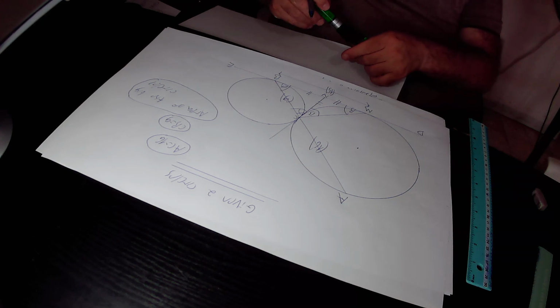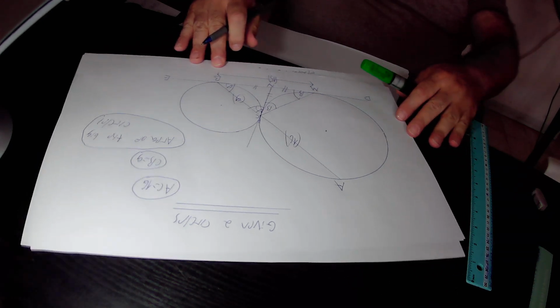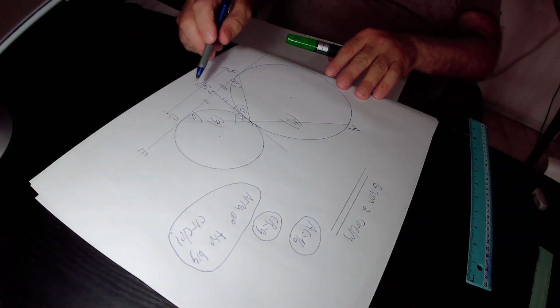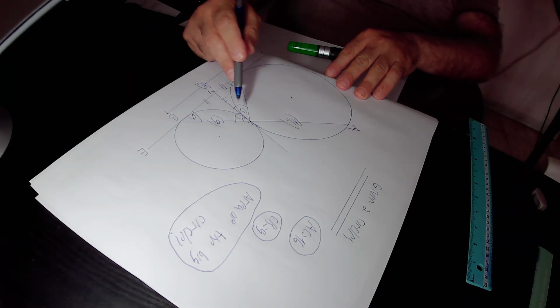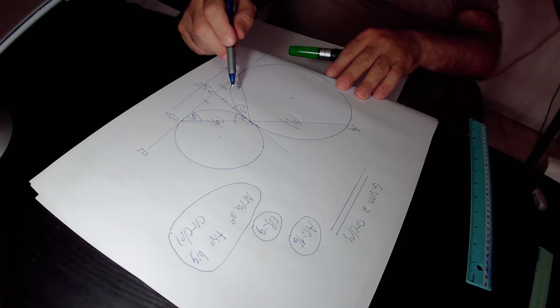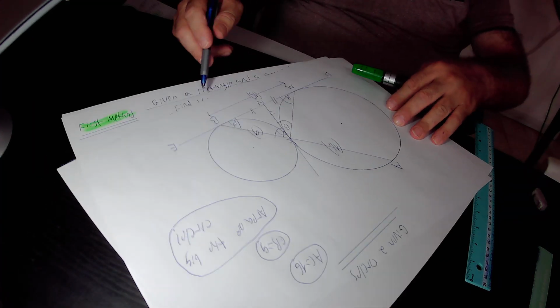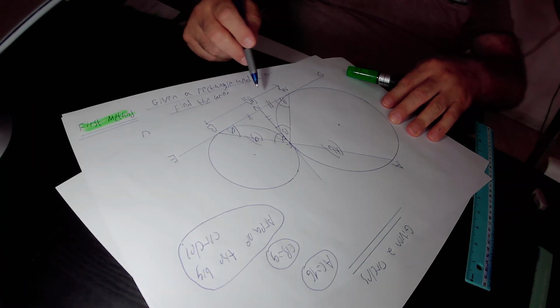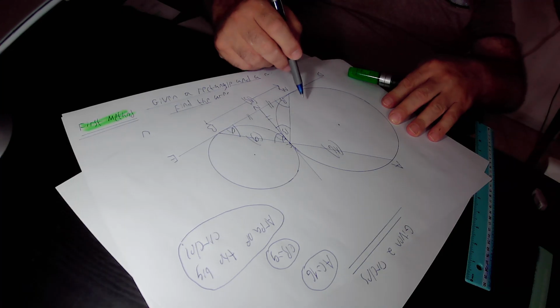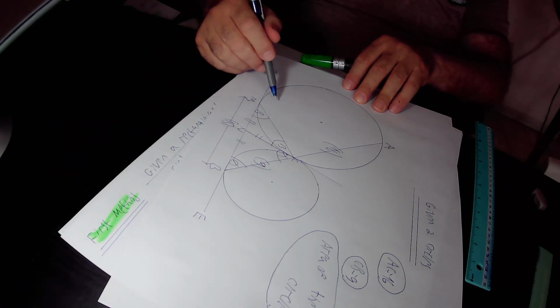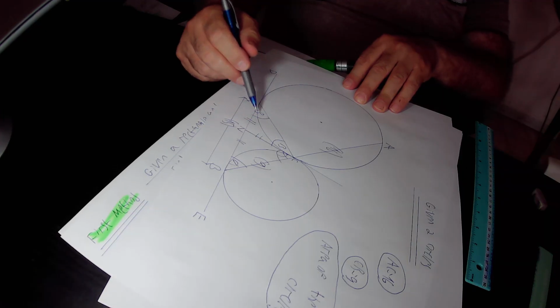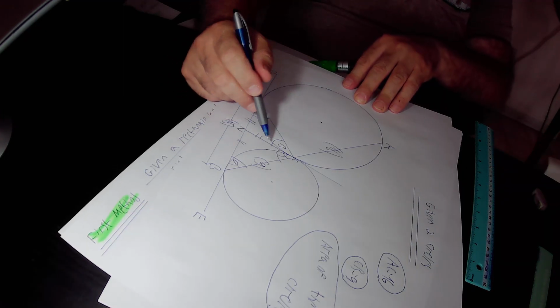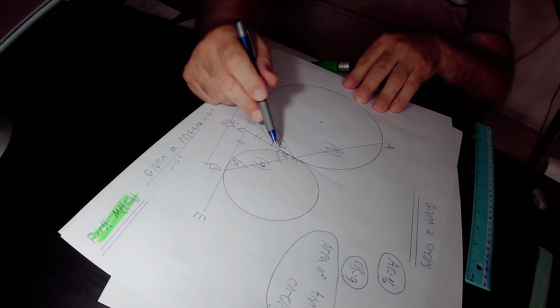So actually, angle MCB, this is the big angle MCB, equals alpha plus beta. Again, angle MCB equals alpha plus beta.